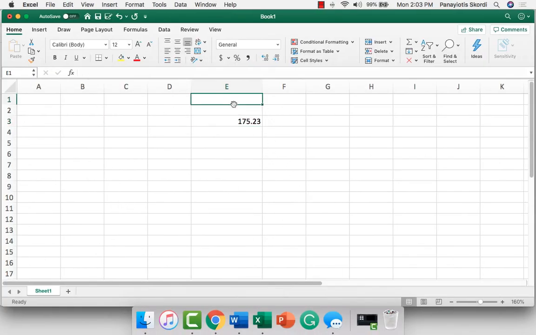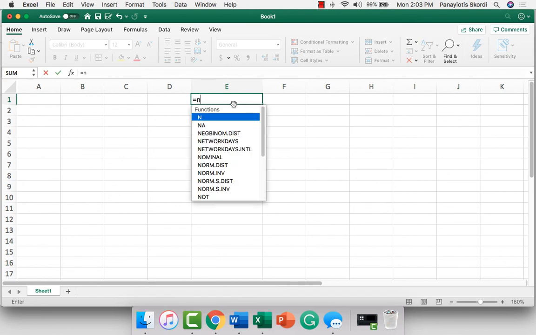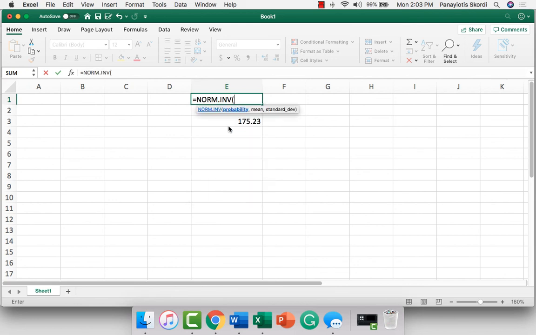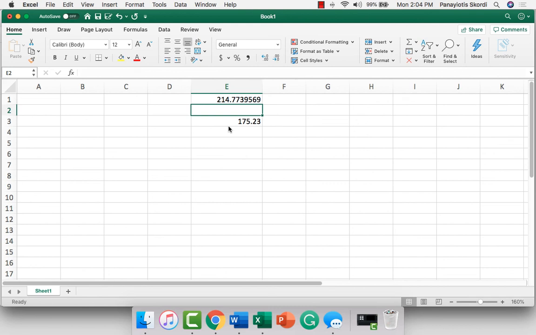So it's going to be equals norm.inverse of 0.99. Then we put in the mean, 195, and the standard deviation, which is 8.5. Close the parentheses, and that gives us 214.77 to 2 decimal places.